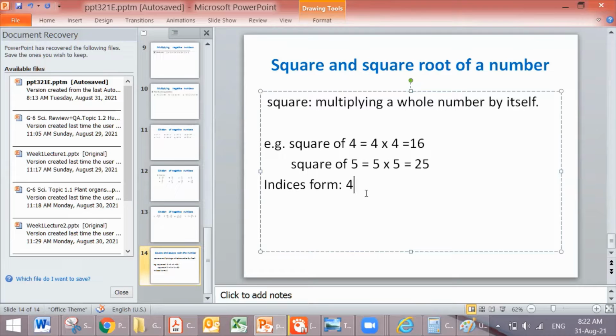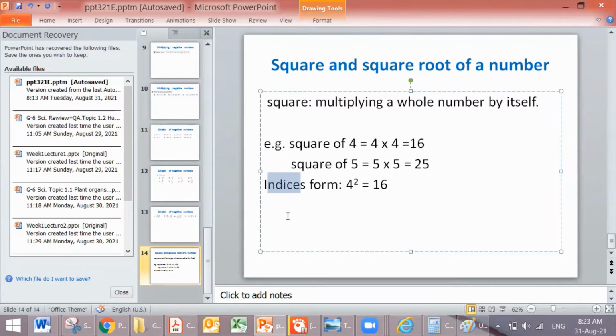You write 4 and a small 2 above this 4. It means that it is squared. So you must note that 4 squared is equal to 16. The name is indices form.